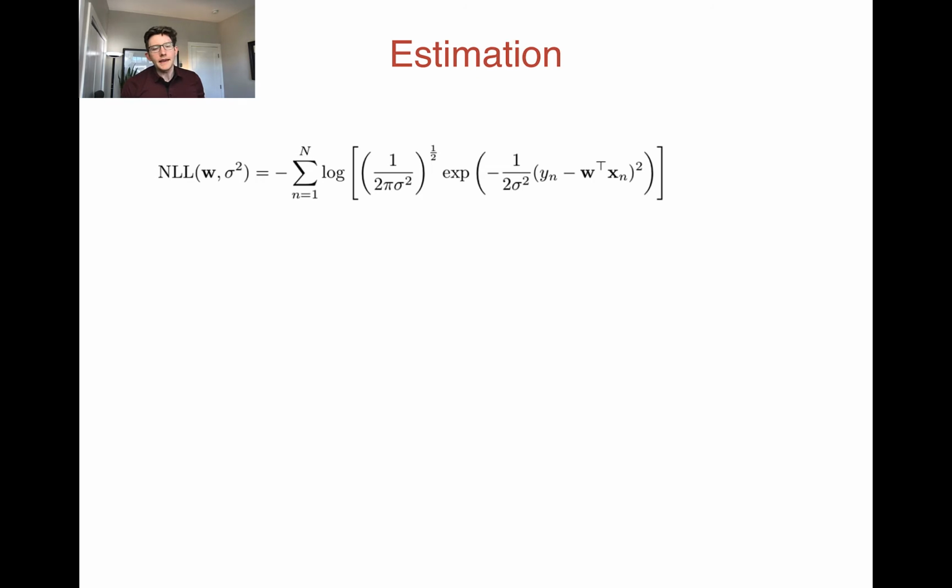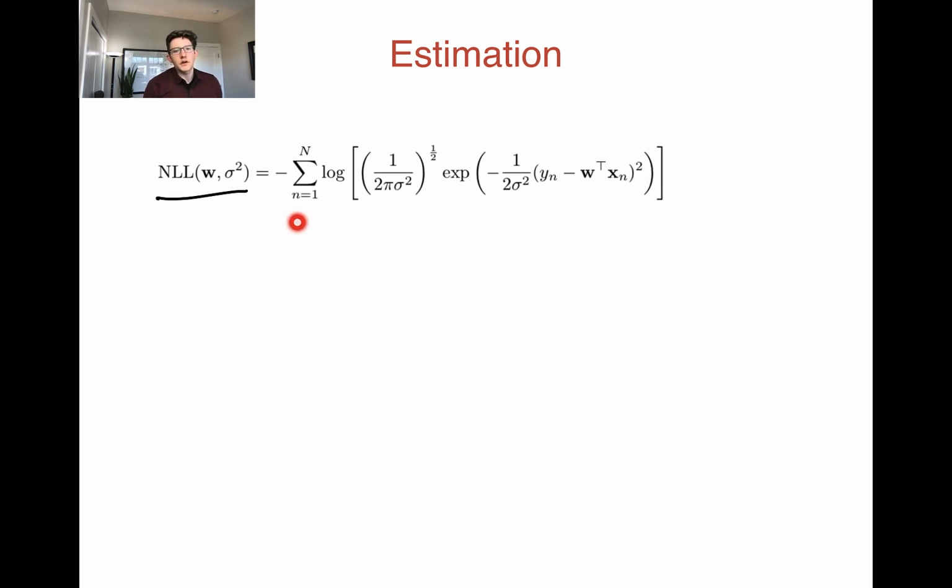Let's look at how we can get our MLE estimate for our linear regression model. We've done this a bunch of times so far, so let's jump right in. So here we have our negative log likelihood, which again is going to be a function of w and sigma squared. So this is just going to be the log of that normal distribution.